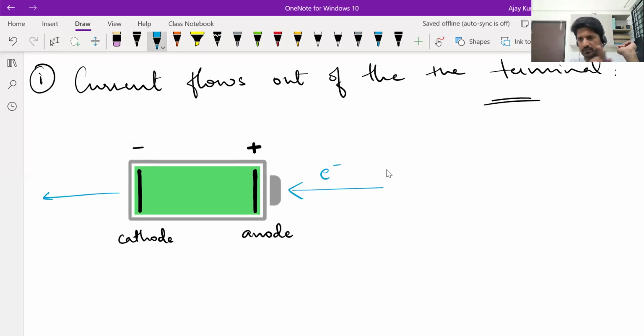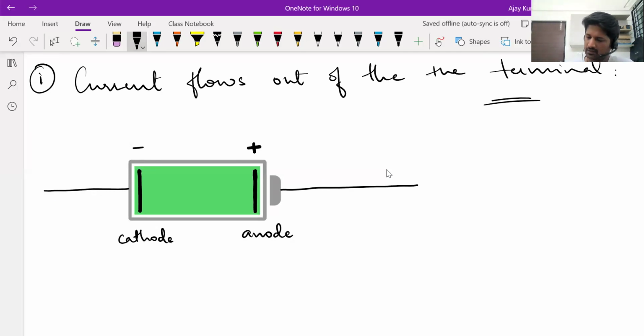If electrons are going this way, it means the current is going the other way, because conventional current is the direction of flow of positive charges. So usually, not always, when a battery is connected, current flows out of the positive terminal into the negative terminal.